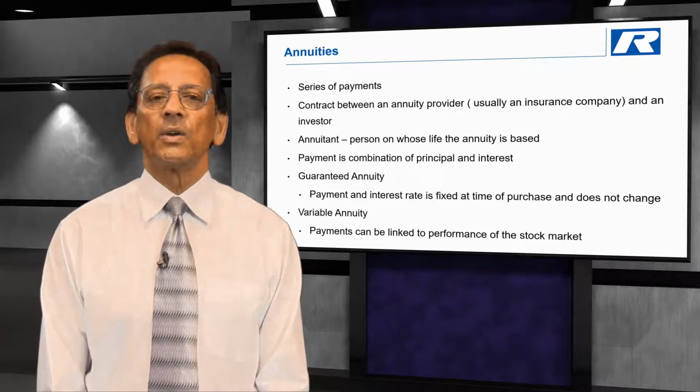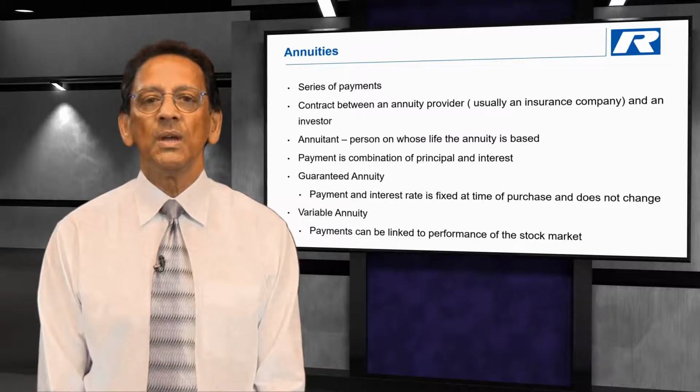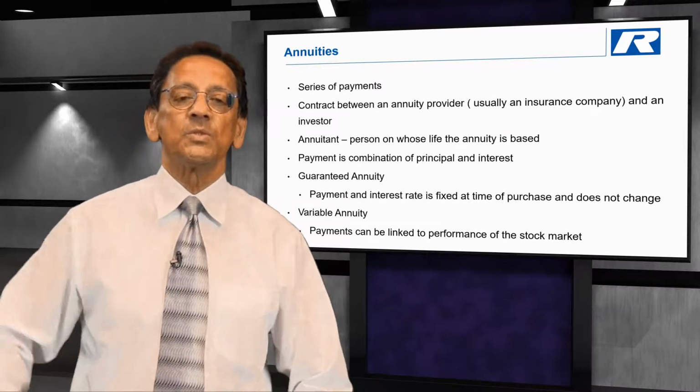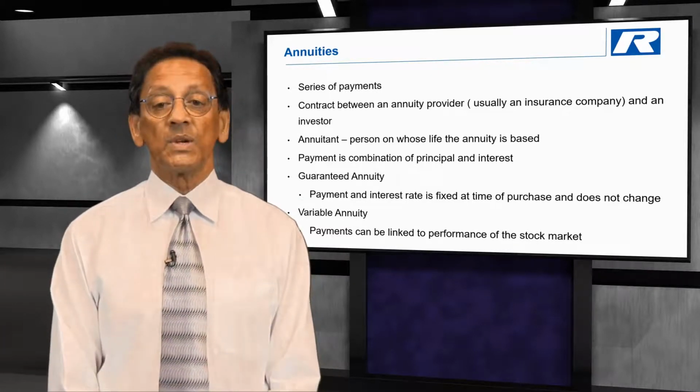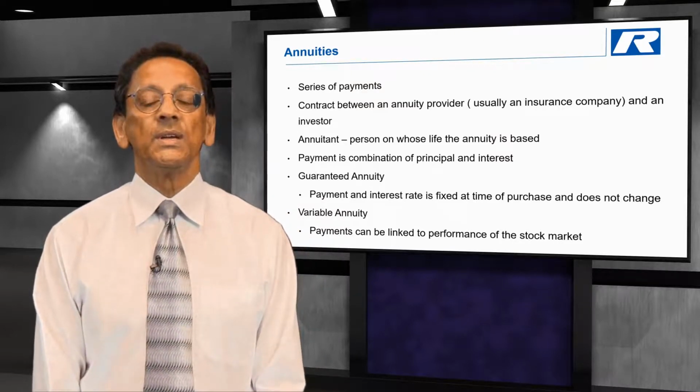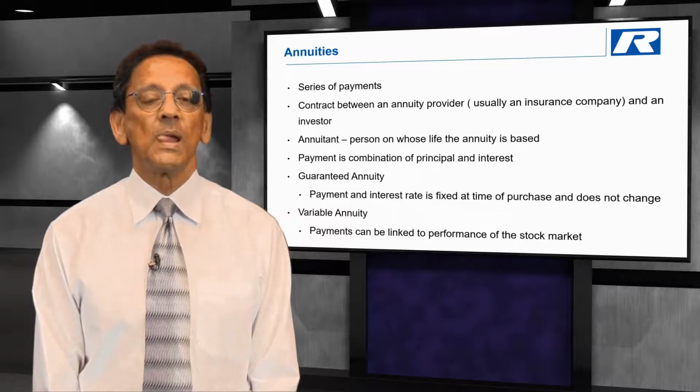When you retire and you start receiving your pension, that is in fact an annuity. It's a series of payments that's paid to you most likely for the rest of your life. Some could be for a specific term, but an annuity is a series of payments.